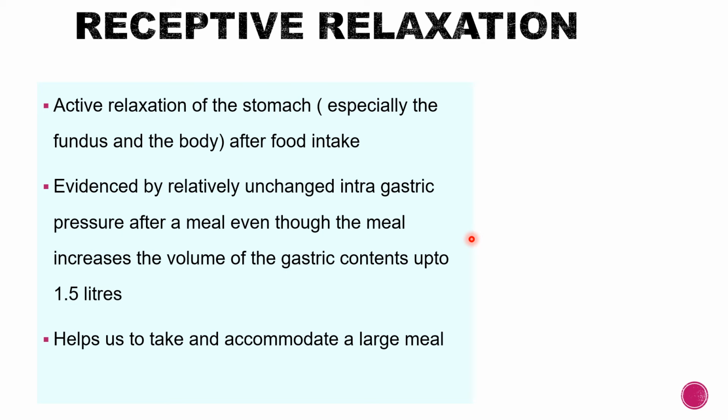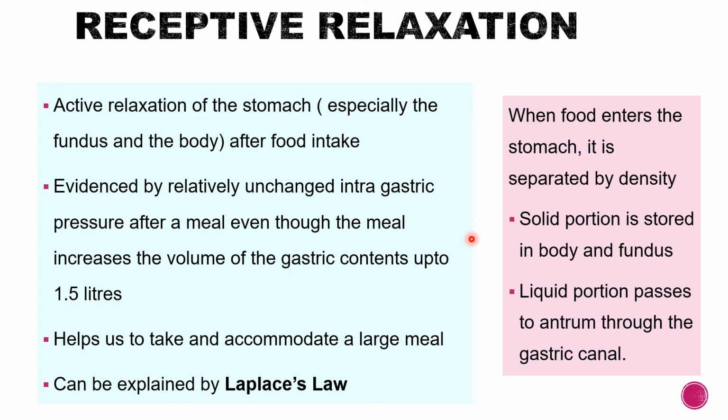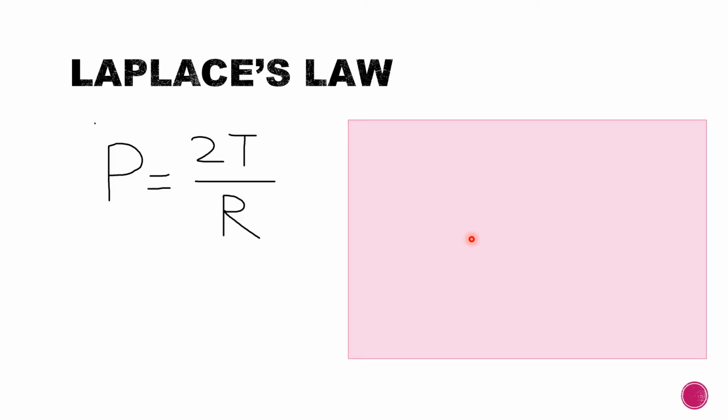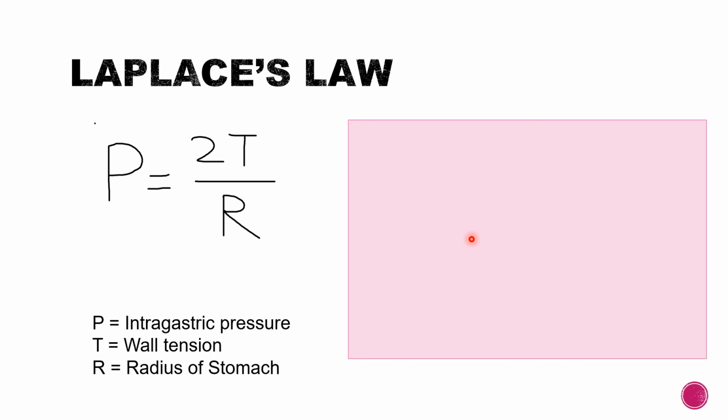Okay, this is known as receptive relaxation, and it can be explained by Laplace's law. So what is Laplace's law? This is just plain physics. Laplace's law states that P is equal to 2T by R, where P is the intragastric pressure, T is the wall tension, and R is the radius of the stomach.